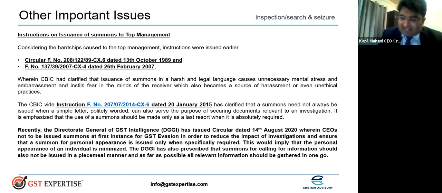They have also covered that in case of inspection or search, they should allow the person's religious observances and ethics not to be hindered while the inspection is on.